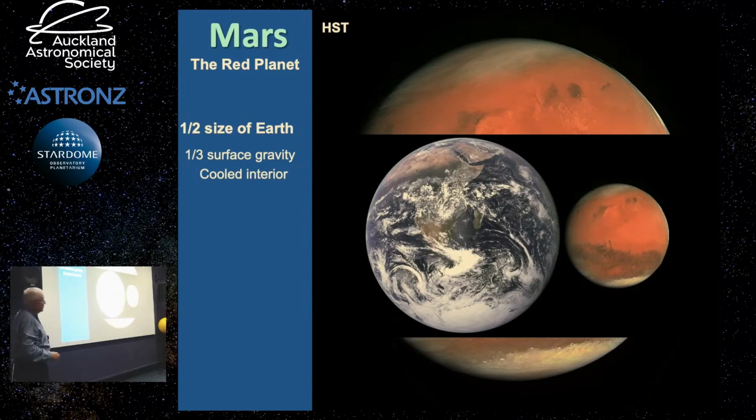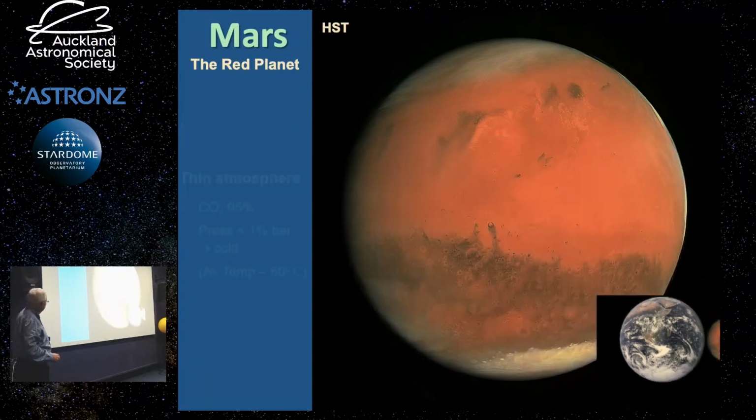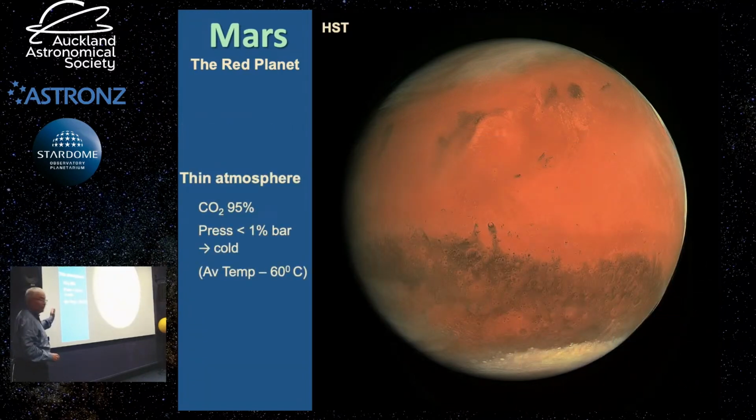And for that reason, its atmosphere has been partially stripped away. We're going to look at that. So hence the very thin atmosphere. Because it's cooled down, it doesn't have a molten iron core slushing around, creating magnetic fields around it. So very thin atmosphere. 95% of it's carbon dioxide.